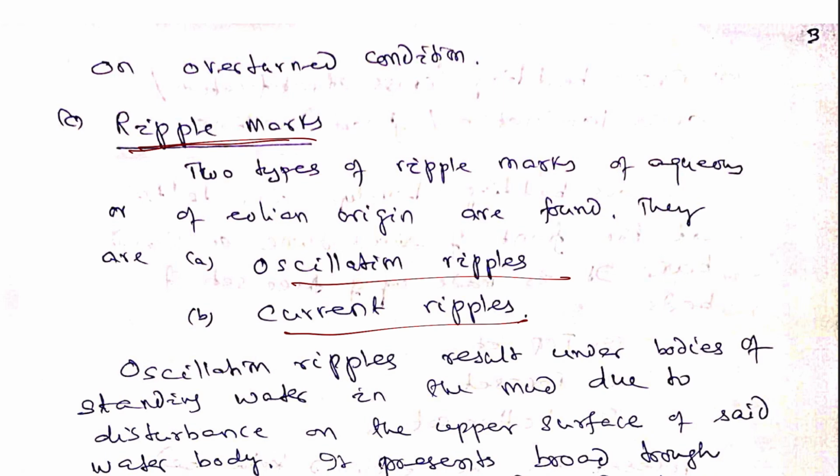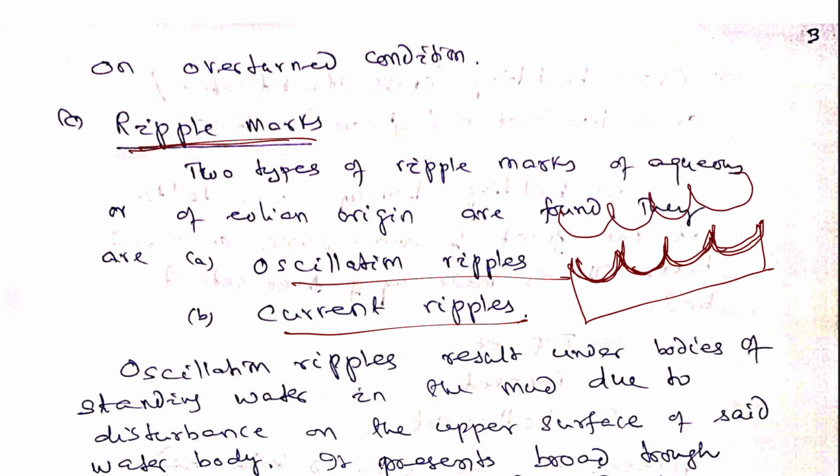The oscillation ripples are symmetrical ripples which present sharp crest and broad top. Top is broad, crest is sharp, and it is symmetrical ripple. If you take its cast, it will be of this type.